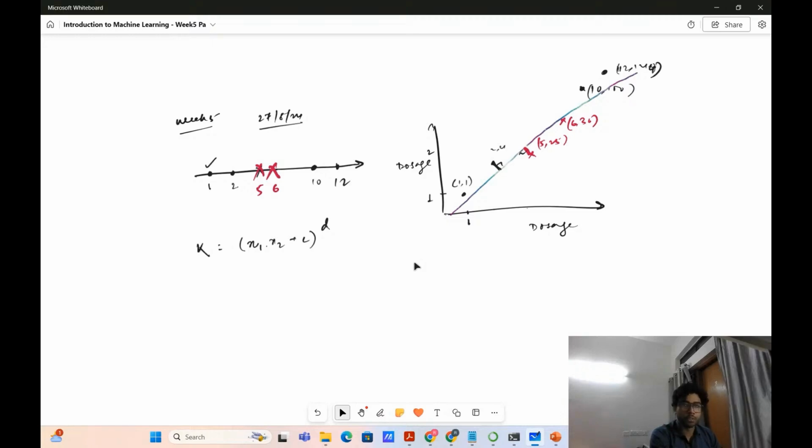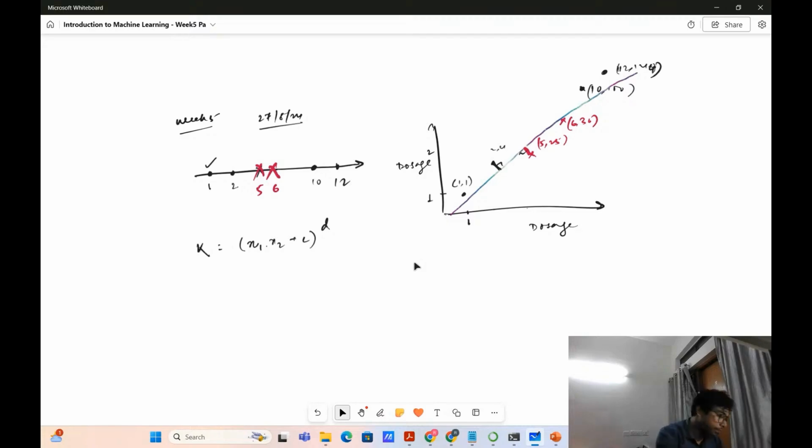These are hyperparameters and you need to fix the values of c and d based on cross validation. You can train your model on different values of c and d, and check which value of d gives you the least cross validation error, and that is the model you should take. Okay.